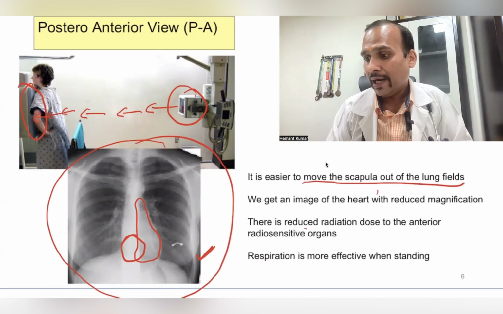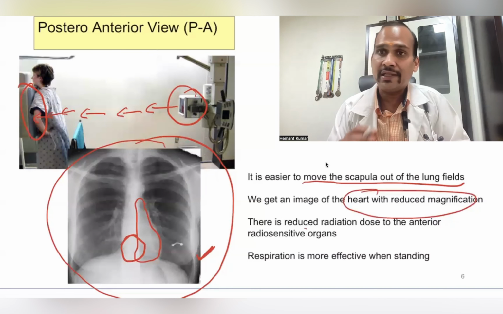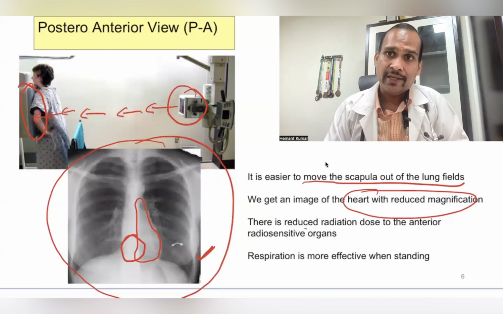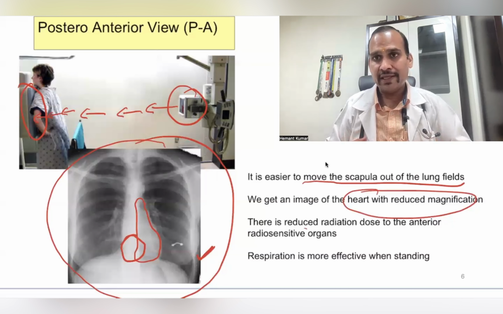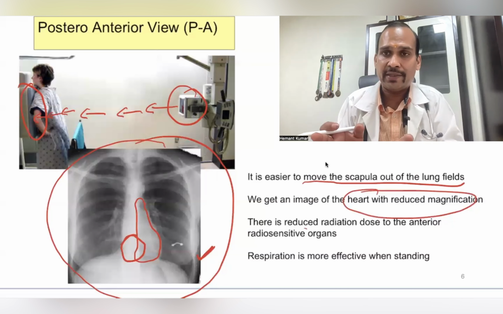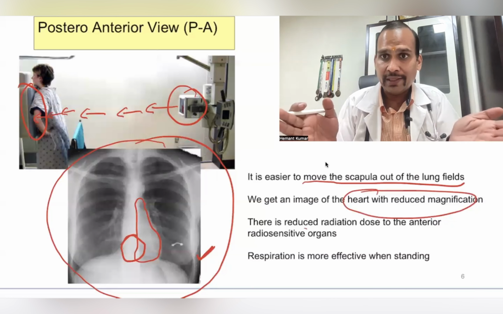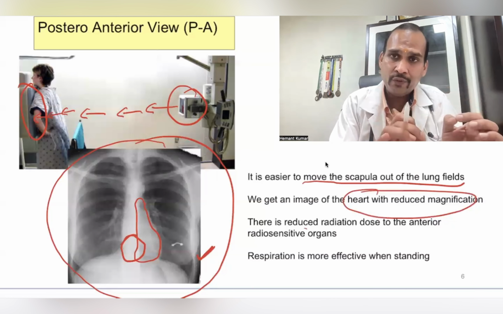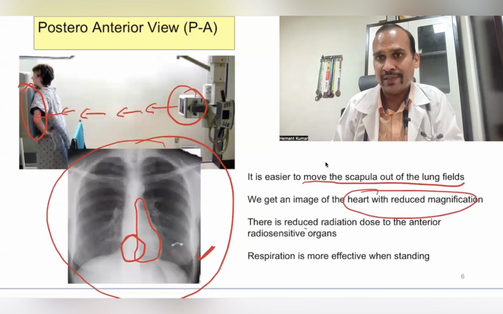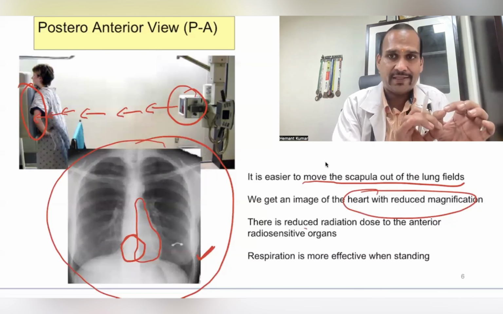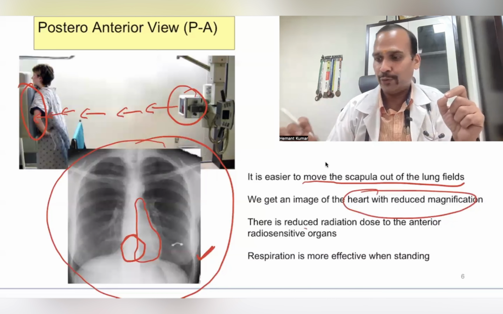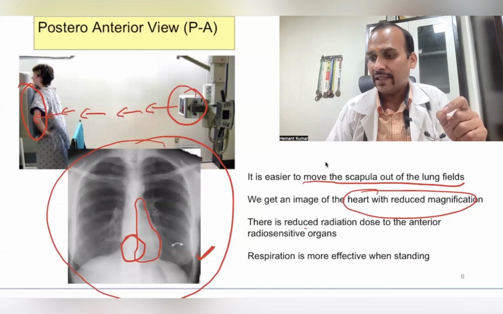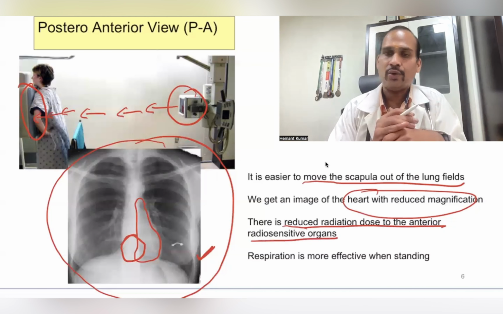Then the heart will have reduced magnification in PA view. If you take AP view, then the heart will come anteriorly and there will be pseudocardiomegaly, meaning the heart will look bigger in AP view. But in PA view, it is reduced in size, meaning it is normal size. So whatever size the heart is, we can see in PA view. Another advantage is reduced radiation dose to the anterior radiosensitive organs.